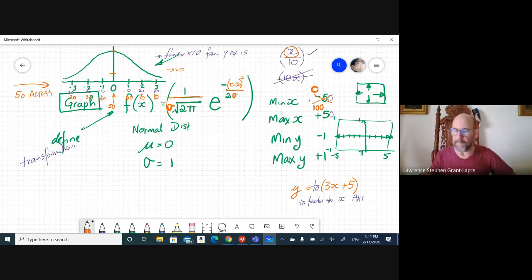Something you can do later. Here's a question. What is that function?